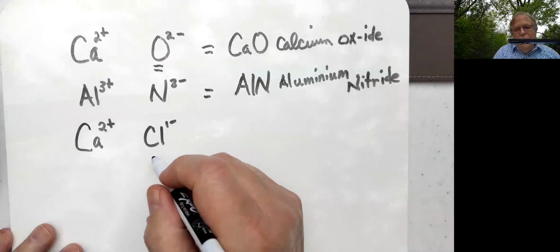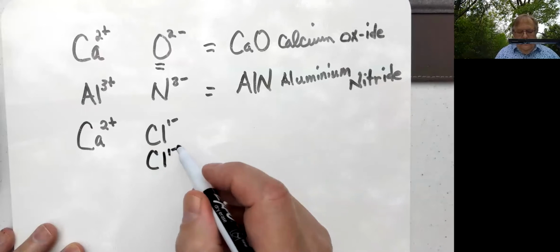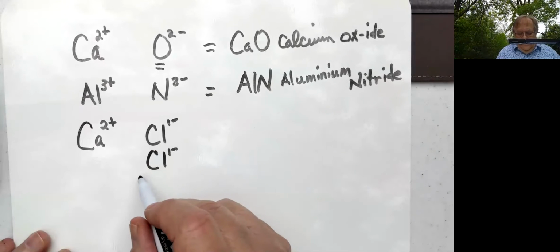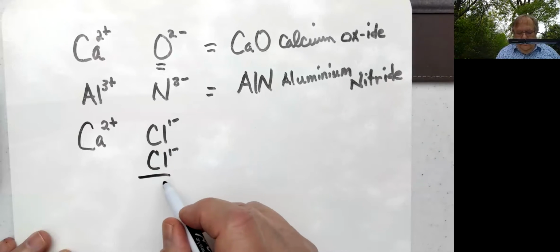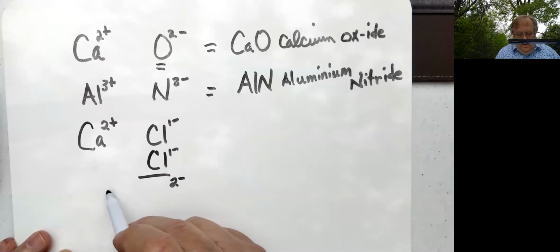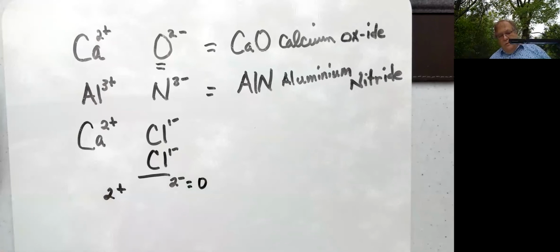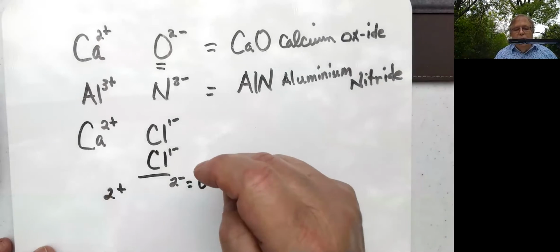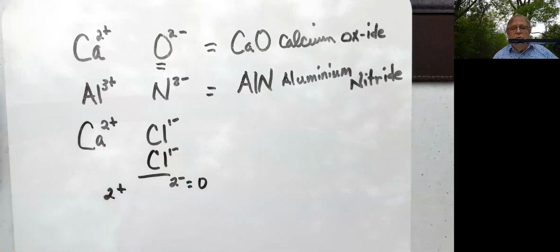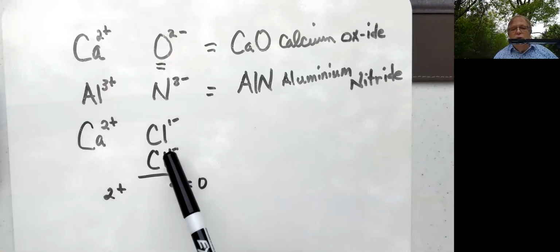So here's one way you can do this to start off with. Let's add another chlorine, and that gives us 2 negative, which cancels with +2 to 0. In other words, calcium is not going to react with one chlorine; it's going to need 2 chlorines. If it has 2 electrons to lose, there has to be a place for 2 electrons to go.